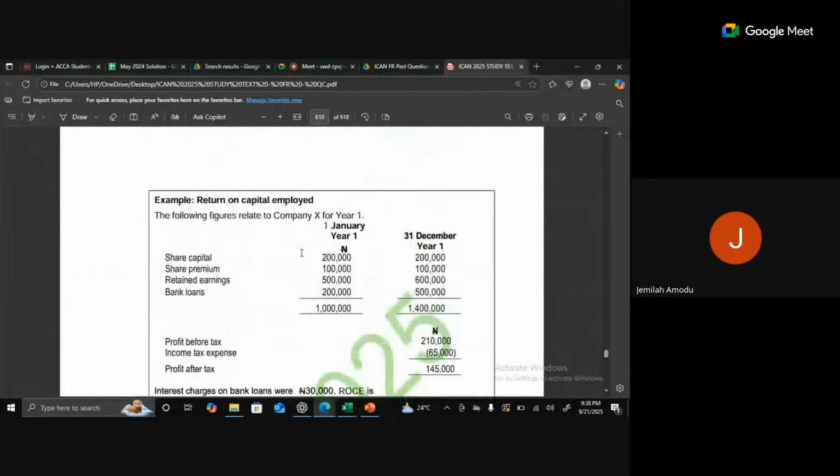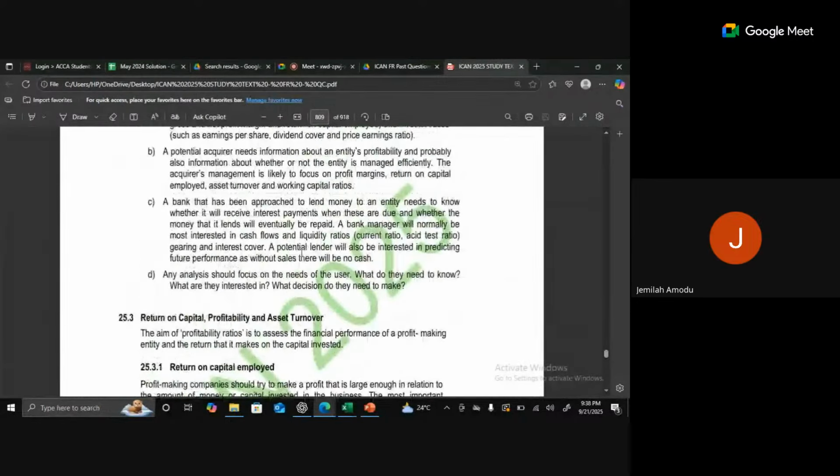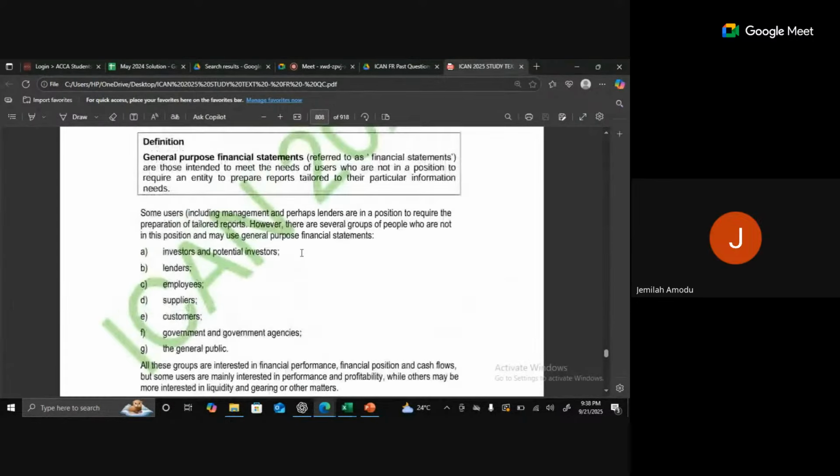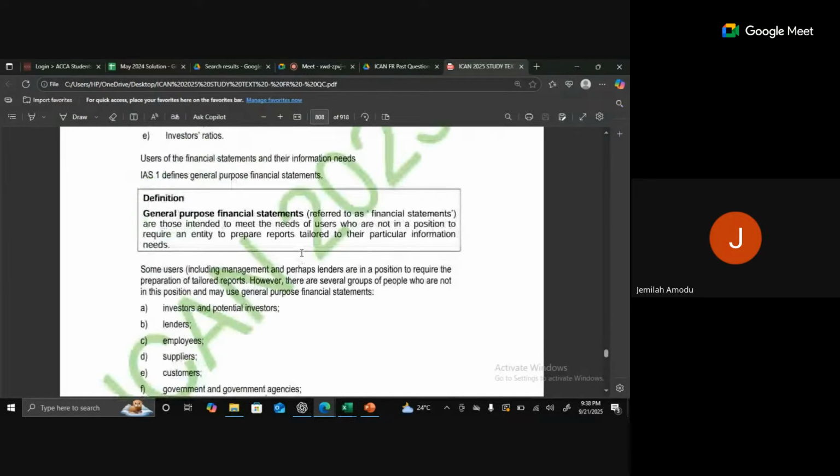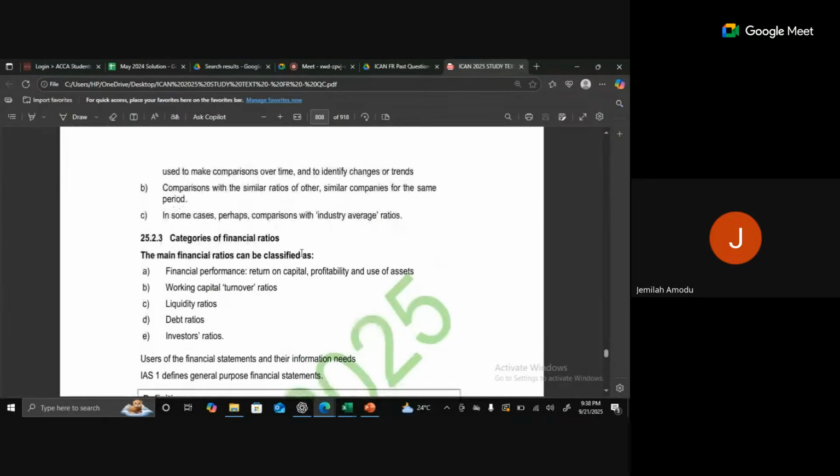They didn't break it into these different headings, but I'll look for a material that did that just for clarity's sake, for you to be able to know the different ratios that fall under each of these categories, right? But just as they highlighted here, this return on capital falls under financial performance, right? Then we have the profitability or use of assets.